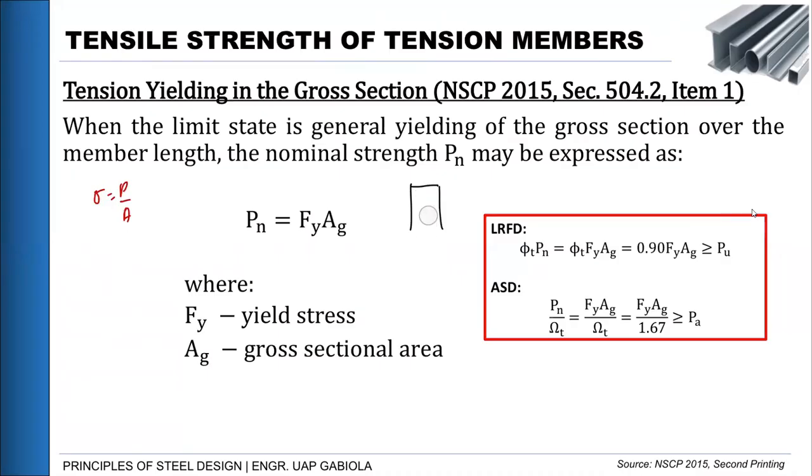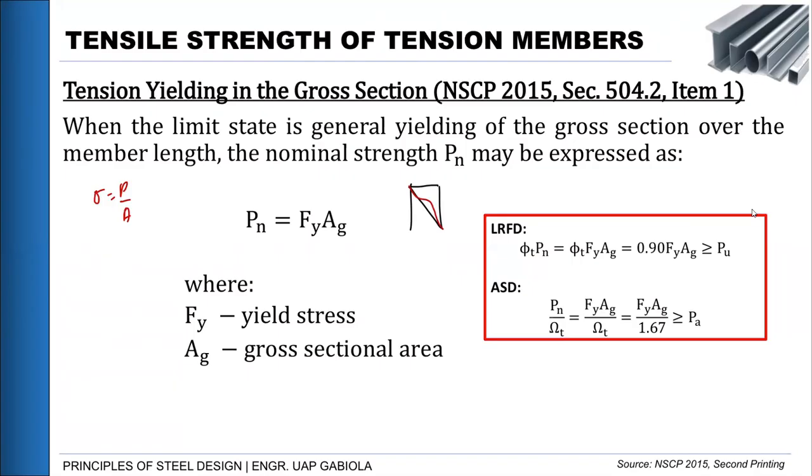So, i-straighten up lang natin ito. Permanent deformation, and yun yung ayaw natin mangyari. Kung halimbawa yung bracing natin, ayaw natin maging ganyan yung bracing natin. Exaggerated lang po yan, ha? So, ayaw natin magkaroon siya ng permanent deformation. Kaya sabi ni code, i-limit lang natin sa Fy para maiwasan natin na magkaroon siya ng permanent deformation.